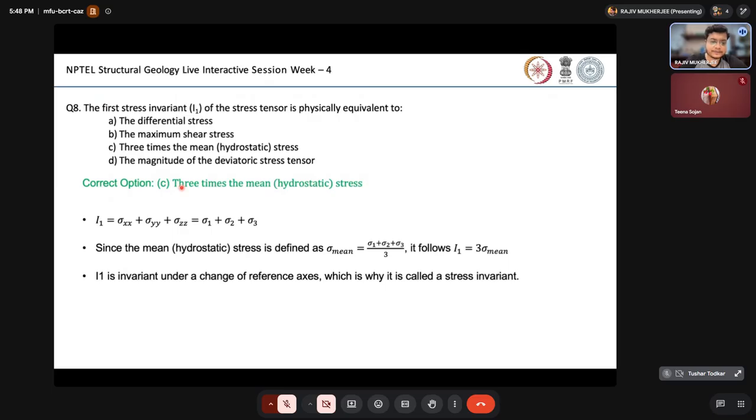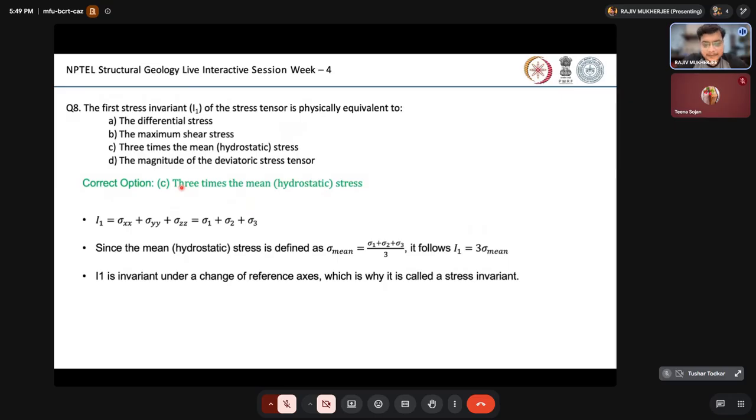It is invariant because under a change of reference axes it will not change, since it is a function of the mean stress.